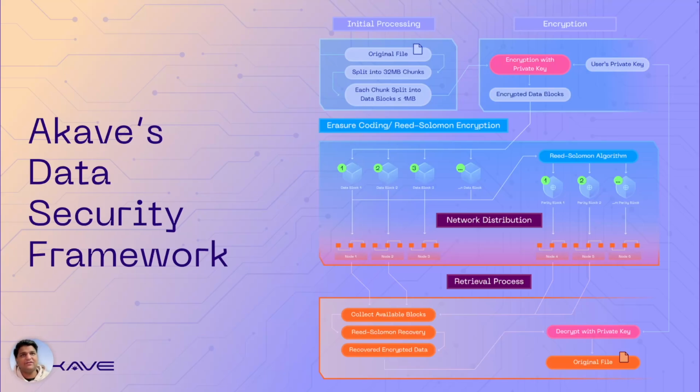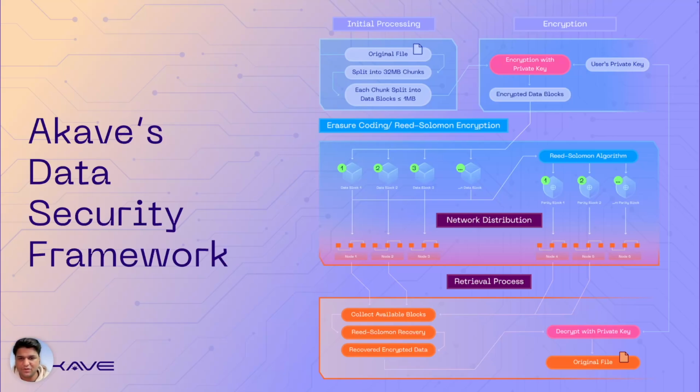Now let's talk about Akave's data security framework. Beginning from initial processing of your data, the file is chunked into 32 megabyte chunks, and data blocks are created. After this, the data blocks are encrypted using your public wallet key. Then the parity blocks are added using the Reed-Solomon algorithm, which is an erasure coding algorithm, and it's distributed across the network.